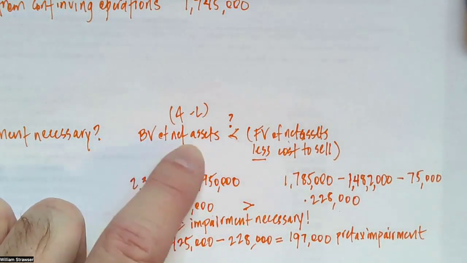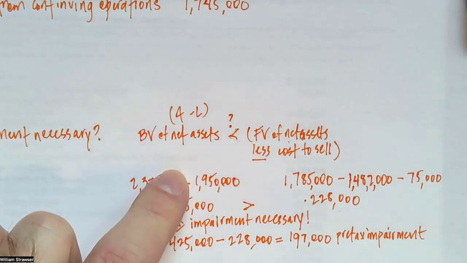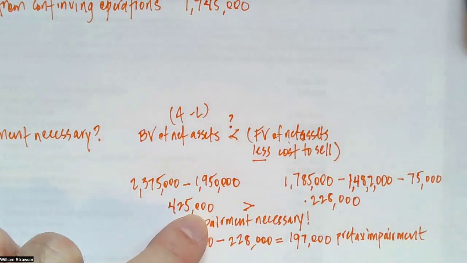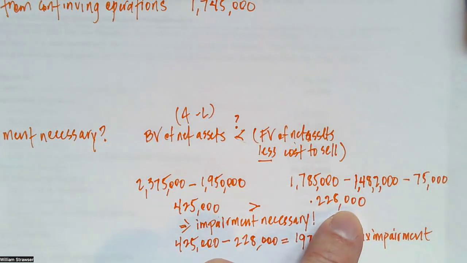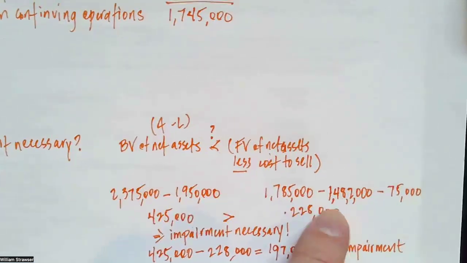The book value is not the value I think I can sell these for. So if that book value is overstating what I ultimately am estimating I will get from the sale, then we want to bring it down to the sale value. This is an invocation of the conservatism principle, okay, of conservatism in general, which the FASB says is not a concept, but we still do a lot anyway.